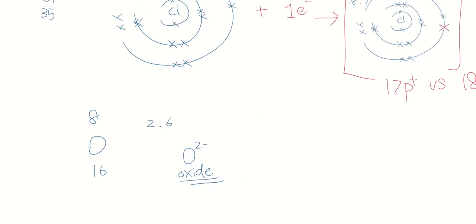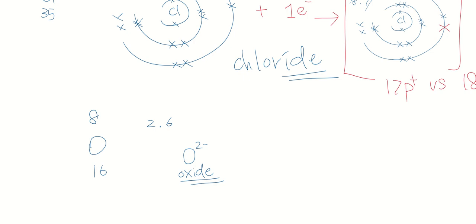So what will be the charge of oxygen? -2. And this is what you call your oxide. Right? This is your oxide. Your chlorine becomes chloride. So those who are negative, they will have this ending, ide. Okay?